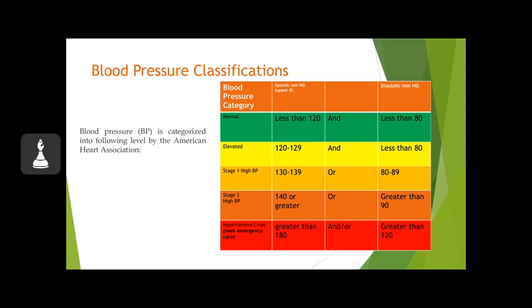Stage 1 hypertension is 130 to 139 or 80 to 89. Stage 2 hypertension is 140 or greater, or 90 or greater in diastolic pressure. Hypertensive crisis, in this stage you have to seek emergency care, is greater than 180 systolic and greater than 120 in diastolic pressure.